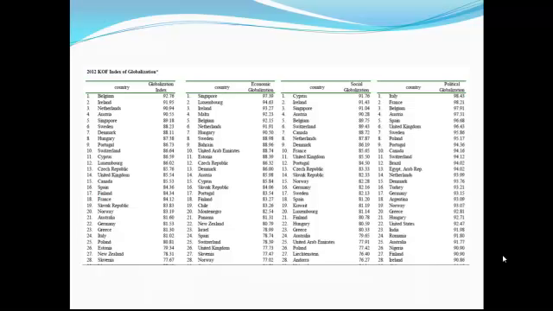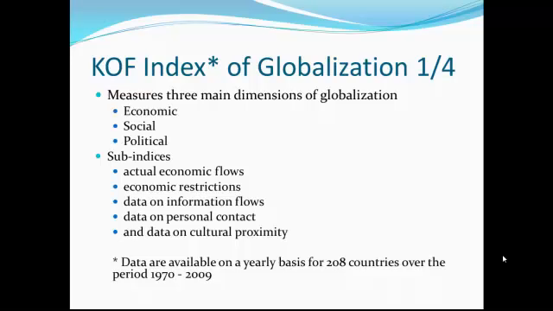Now, what does this globalization index possibly mean? This index covers the economic, social, and political dimensions of globalization. It defines globalization to be the process of creating networks of connections among actors at multi-continental distances, mediated through a variety of flows, including people, information and ideas, capital and goods.